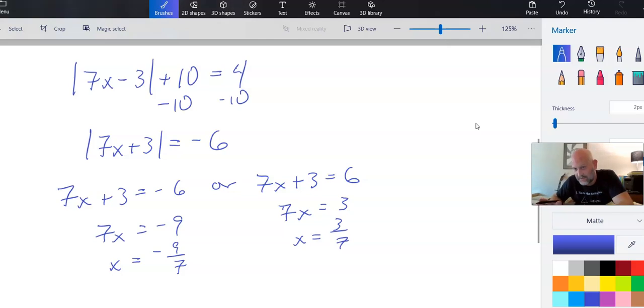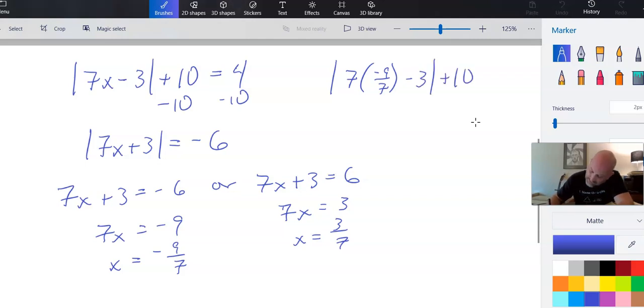Okay, and we go to check these answers. Now, here's what's nice about checking these. You notice they're sevenths, and I'm multiplying by 7. That kills the fraction in the first step. So if I'm checking this, the absolute value of 7 times negative 9/7, minus 3, plus 10, and we want that to be equal to 4 if we plug that in.